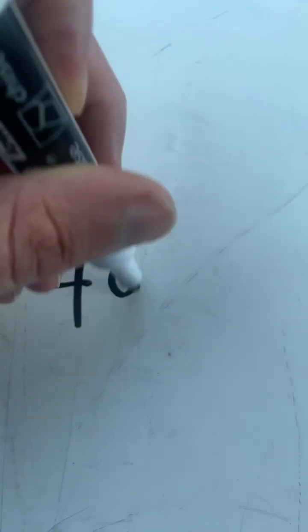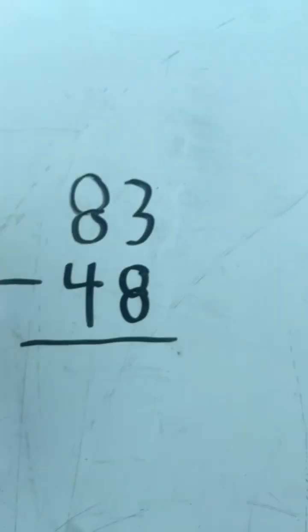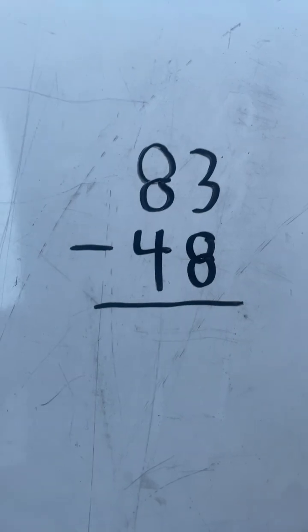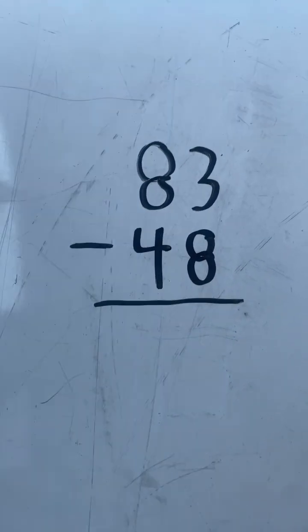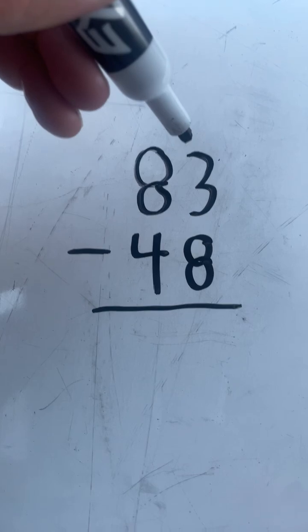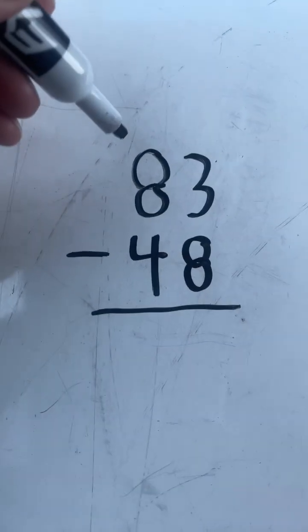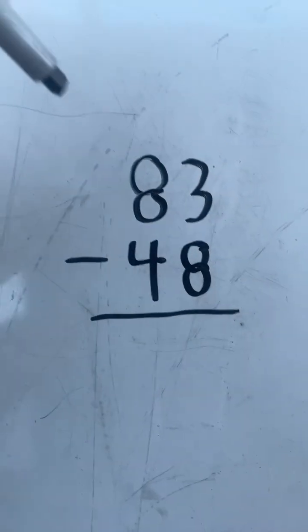All right, next problem. 83 minus 48. So again, we regroup whenever there's a bottom digit that is bigger than the top digit. You cannot start out with 3 and take away 8. You'll be in the negatives, so you have to add a 10. You got to take a 10 from the tens place and add it to the ones place.